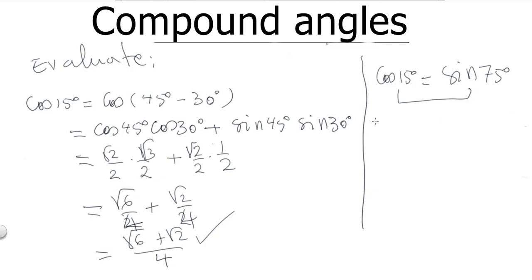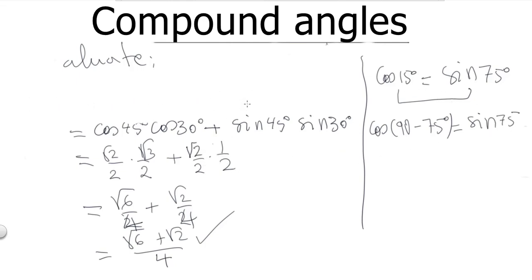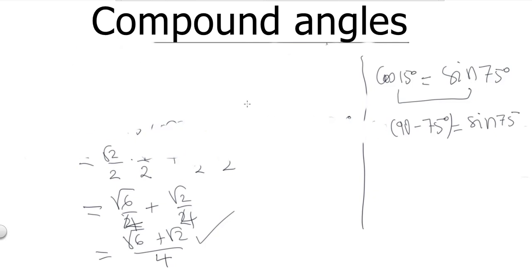All right, so we can see that 90 degrees minus 75 equals sine, remember, 90 degrees cos changes to sine, and then this is the angle 75. You can see there. Now, let's move to the next question. The next question will be simple.